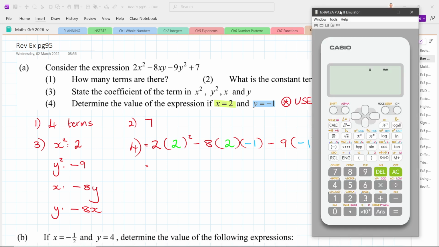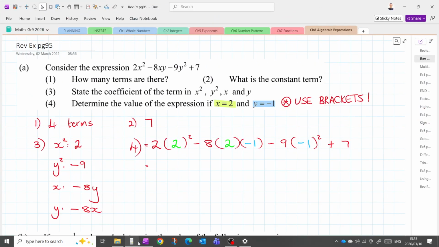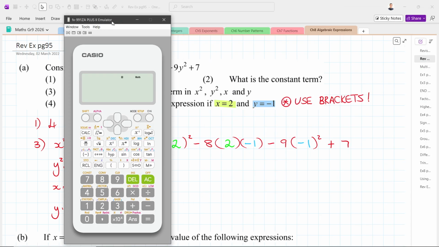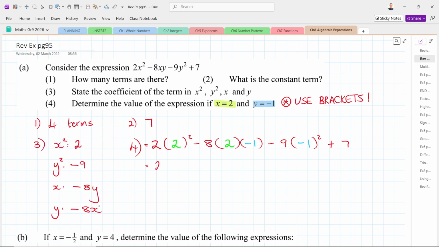So let's have a look. We've got 2 being squared minus 8, 2 times -1, minus 9, minus 1 being squared, plus 7. So the value of the expression then is 22.